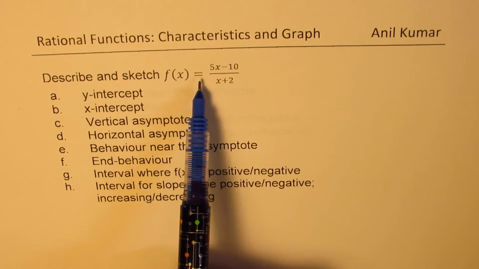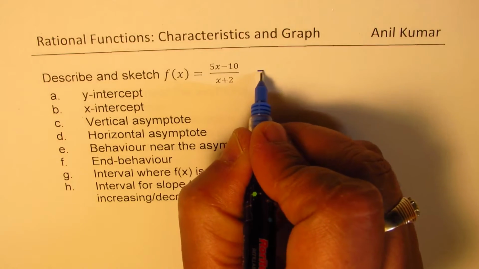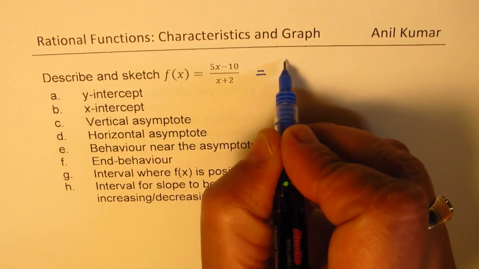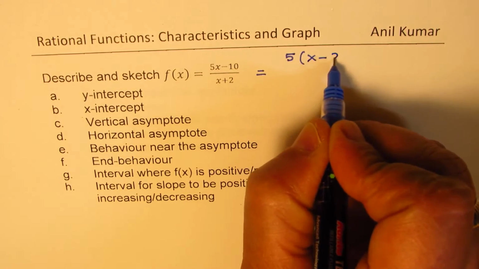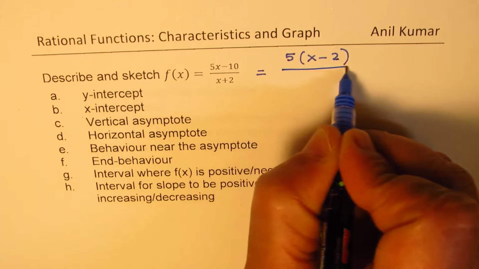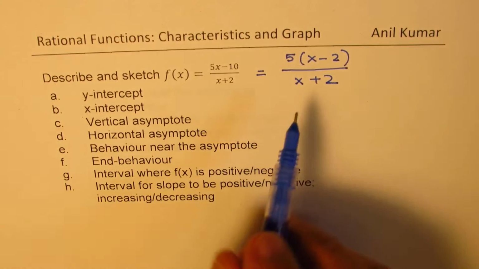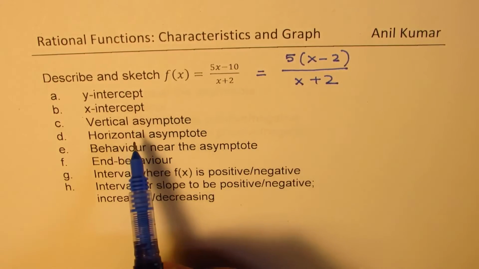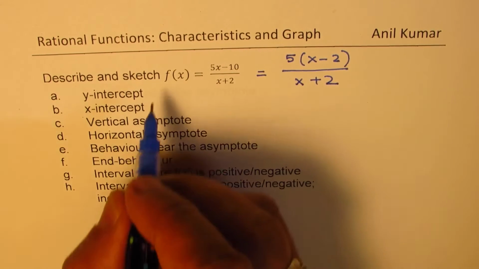f of x equals 5x minus 10 divided by x plus 2. We can factor 5 in the numerator, so we get 5 times (x minus 2) over x plus 2. Now this equation helps us better understand the situation. When we say y-intercept, it means what?